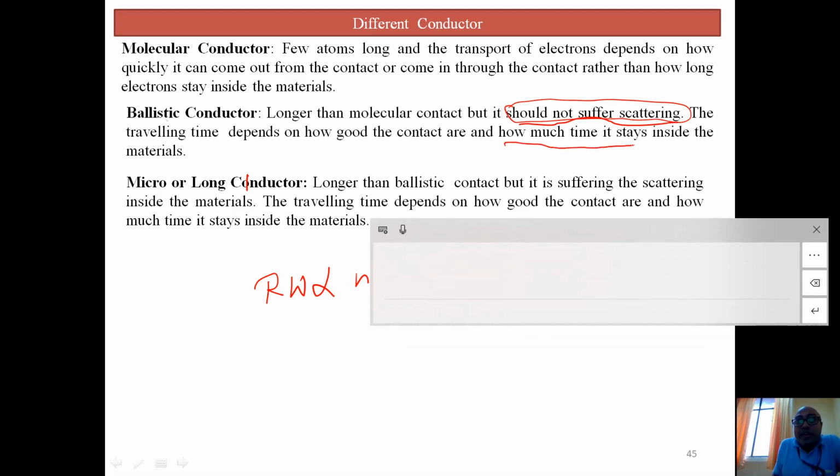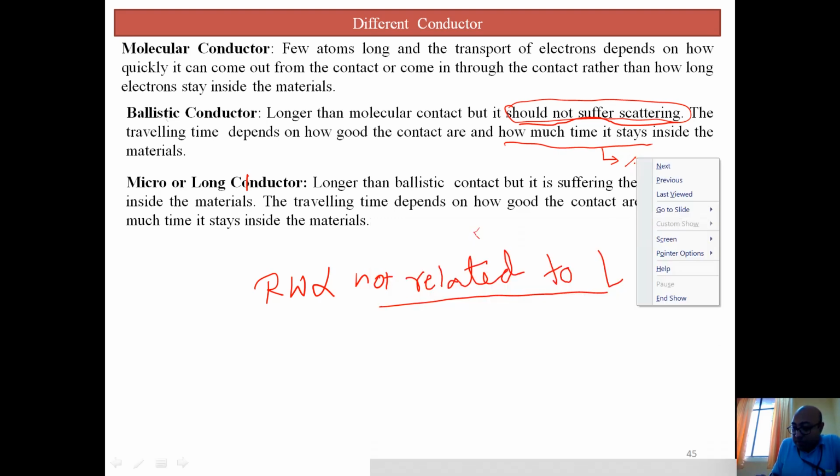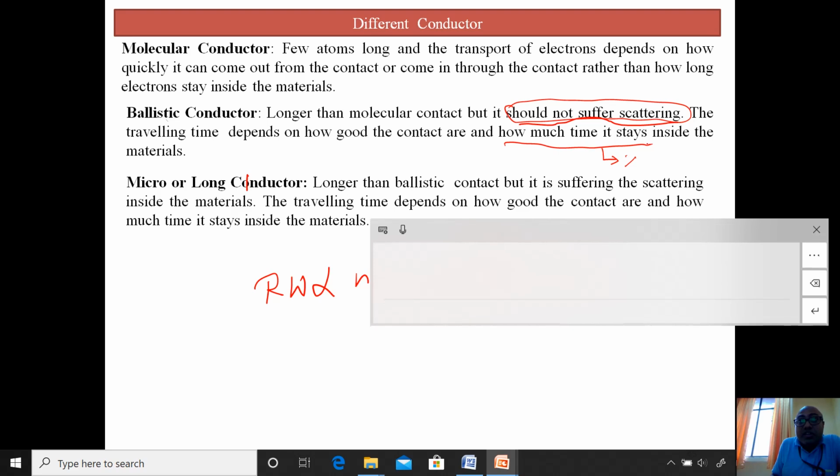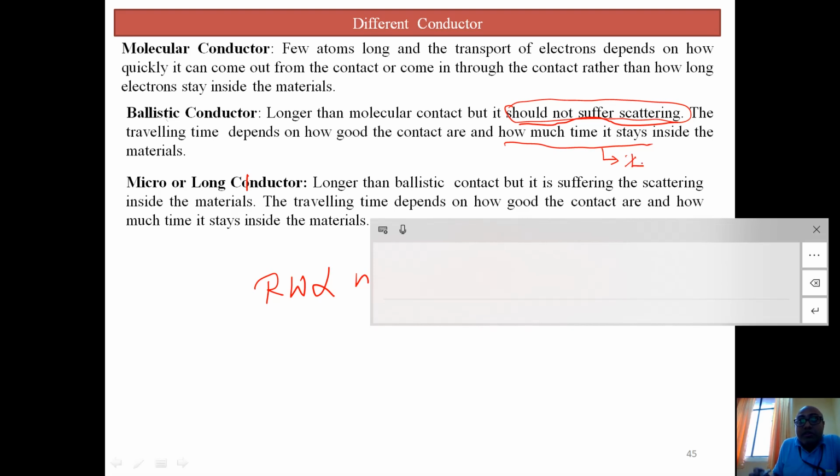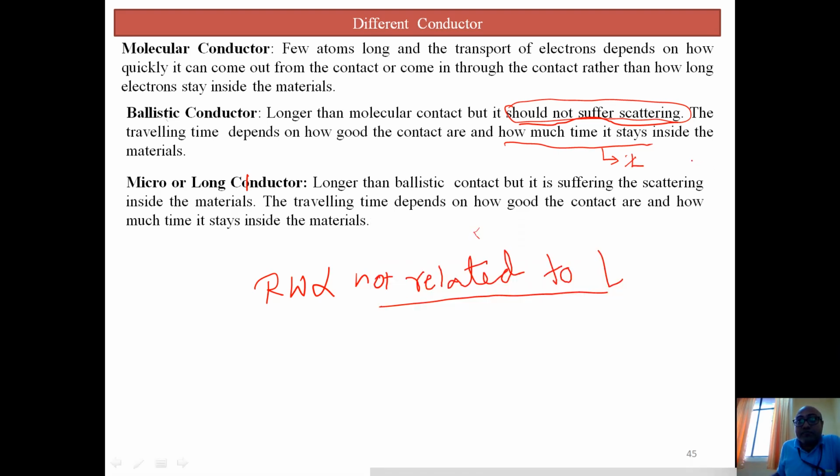Please make sure that for a ballistic conductor, it doesn't depend on length.